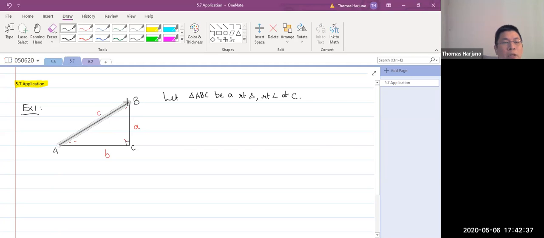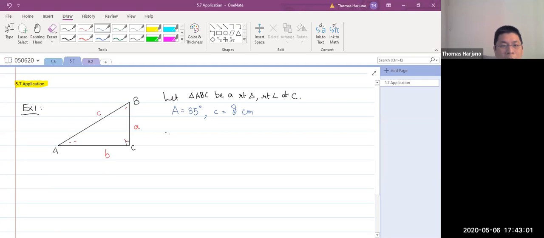Okay, now how do we answer questions? Suppose, for example, angle A is, let's say, 35 degrees, and side c is, let's say, 8 centimeters.